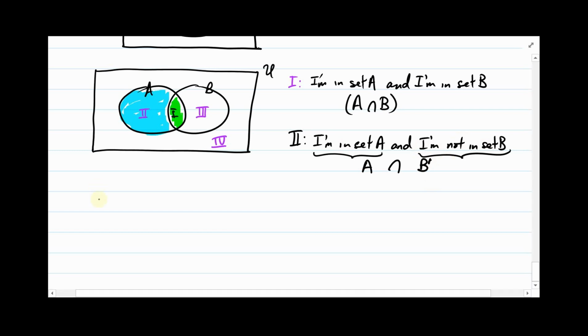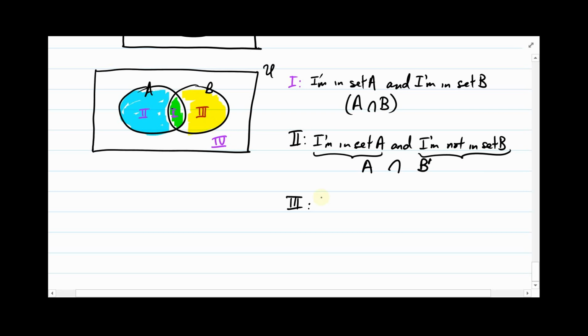Let's keep going, region 3. If I again ask the questions, I'll color code this with yellow. We ask the question, am I in set A?